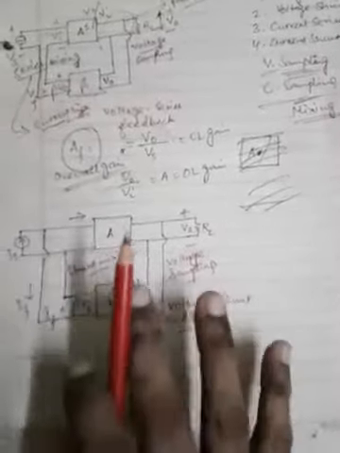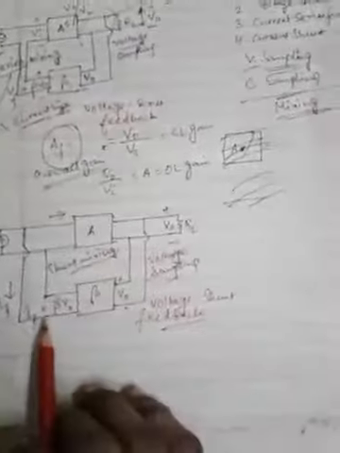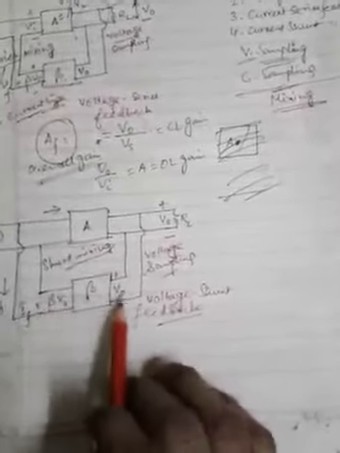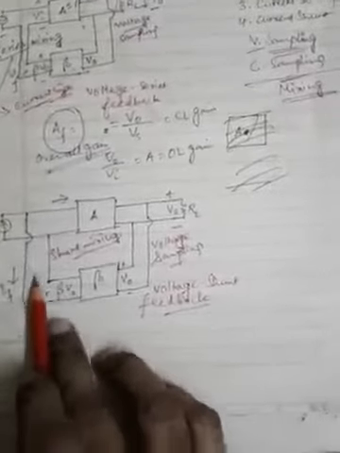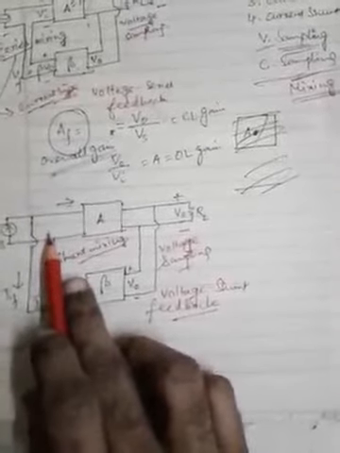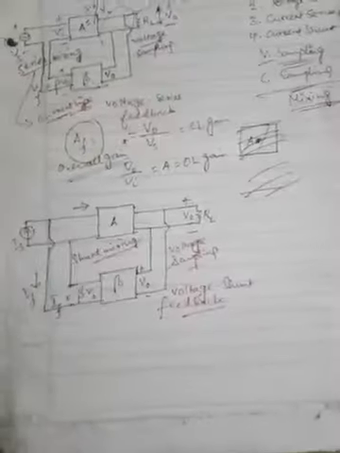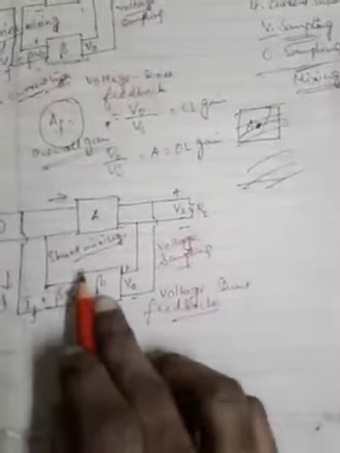But actually what we are doing is considering an equivalent amount of current proportional to that VO, and that is being fed back to the input in parallel connection. So this is shunt mixing.